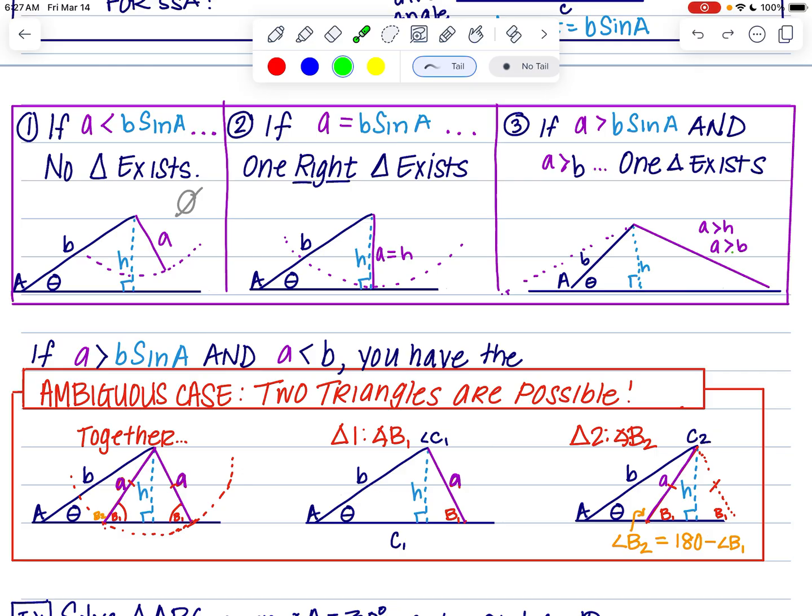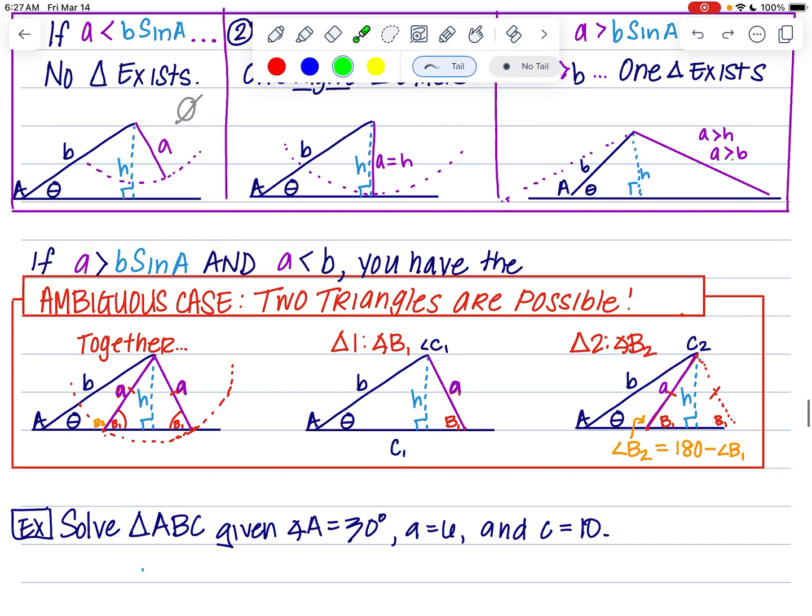So when we're looking at the ambiguous case and this configuration, you have this side A that could extend out this direction, or that side A could extend in and create an obtuse triangle down here. Why does that happen?